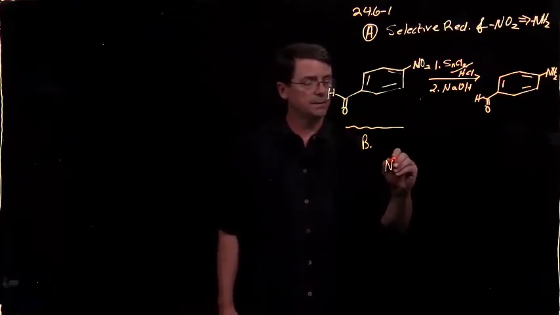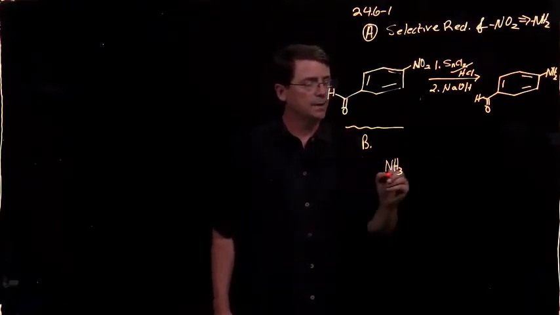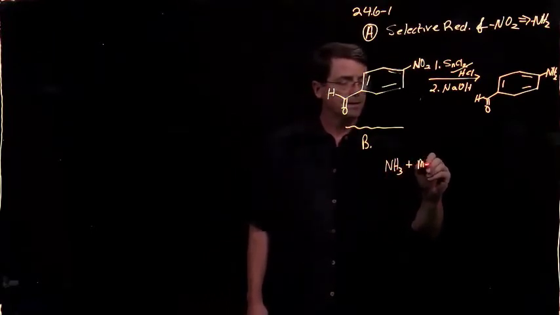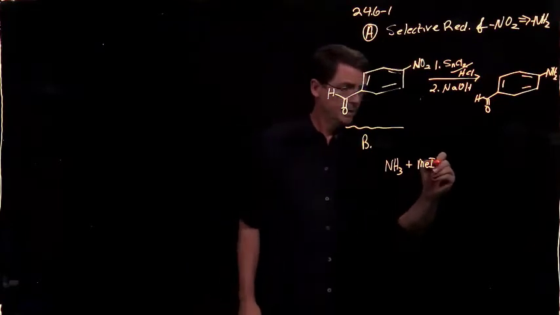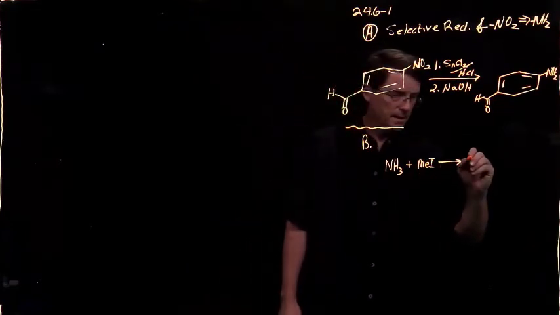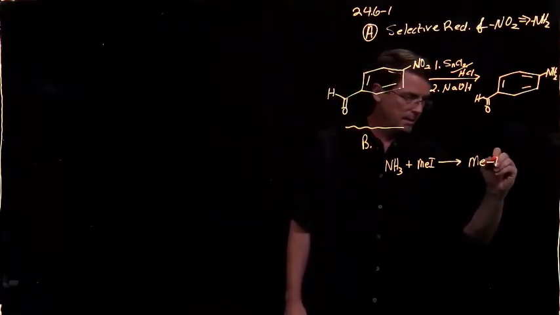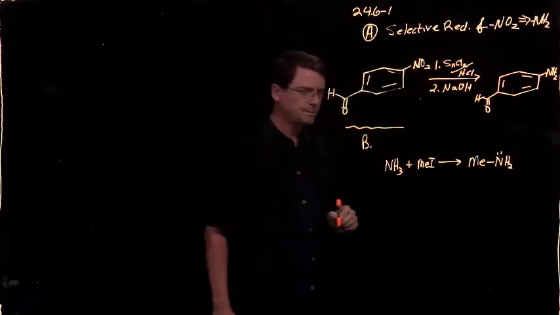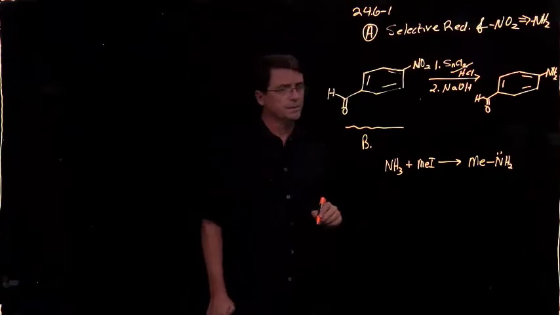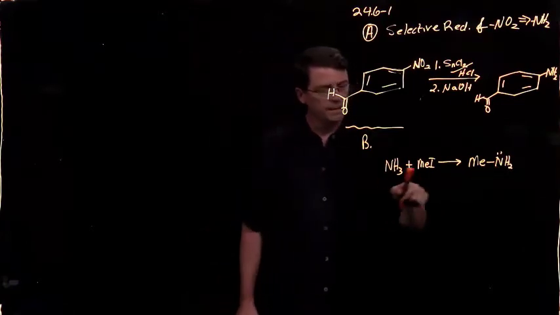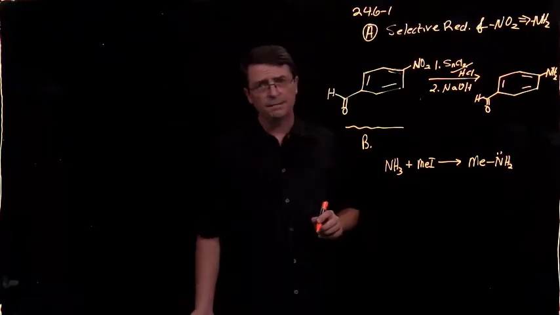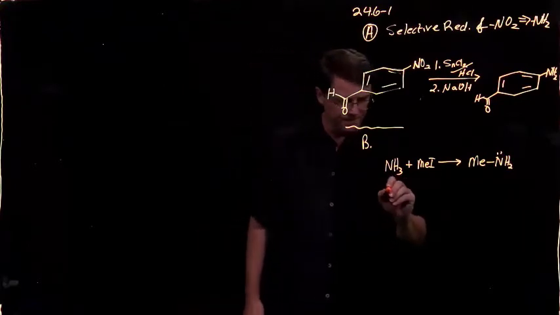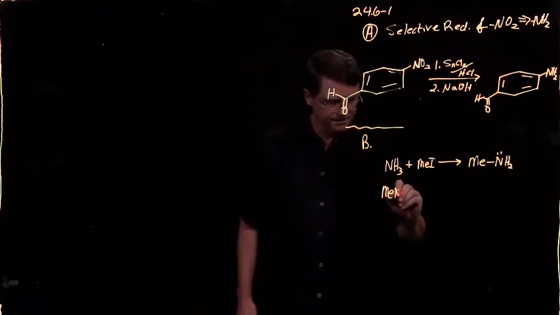So one could imagine taking NH3 plus methyl iodide, or any alkyl iodide, and you would react that and you would make methylamine. The problem is that this is more basic, as we saw in the last section, and that means it's more nucleophilic.